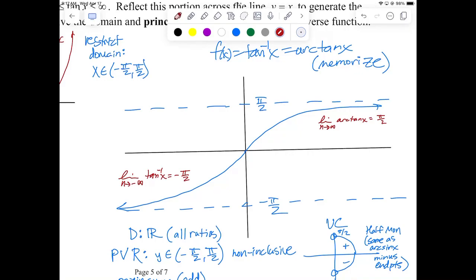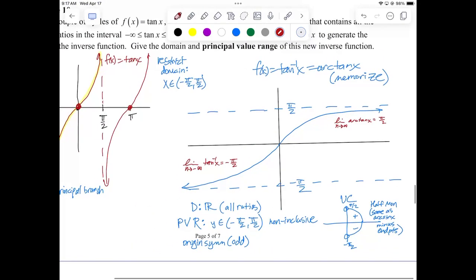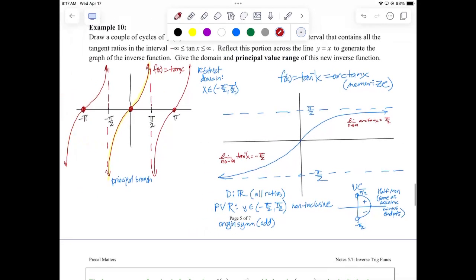Those limits of arctangent show up quite a bit when we are evaluating what's called an improper integral. When we know that the end behavior converges to pi halves, we know an improper integral converges as well. Pretty cool. Okay, so this one has end behavior, the others do not. Arc cosine is the only one without any symmetry. Arc sine was also an odd function. Yeah, there you go. There's arctangent.